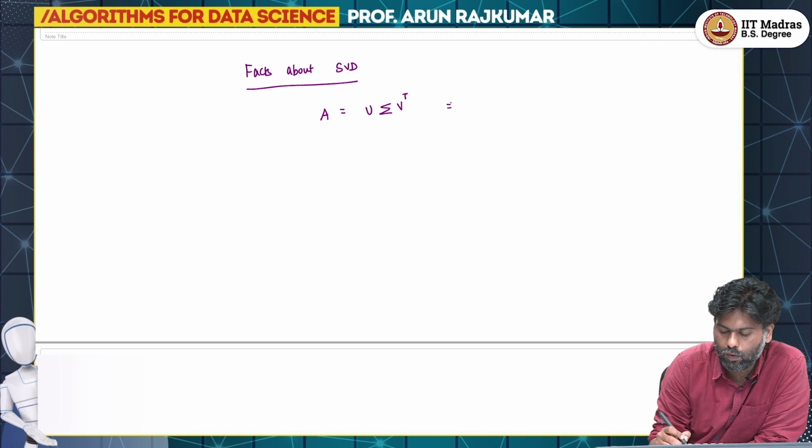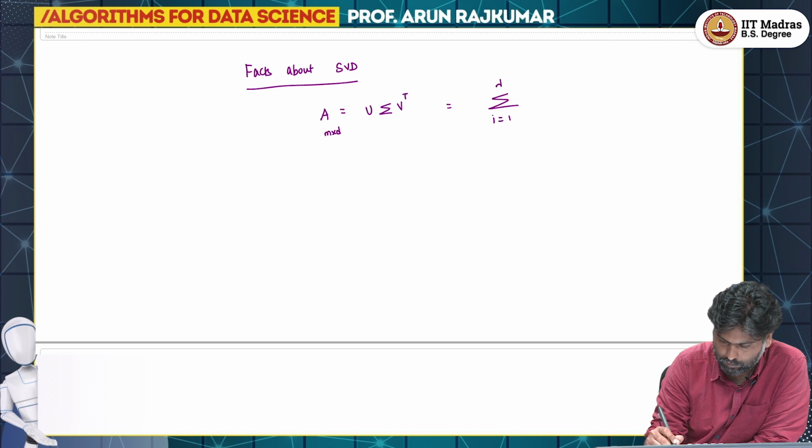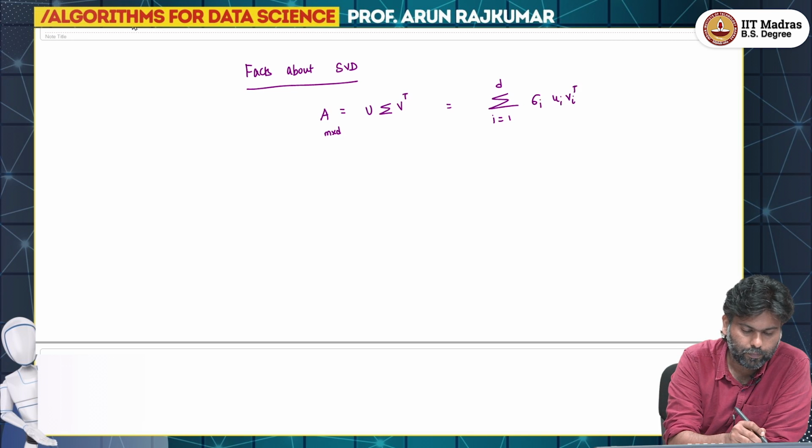Now this just means that A is M cross D. This just means that you can write this as follows: sum over i equals 1 to D of sigma i Ui Vi transpose.